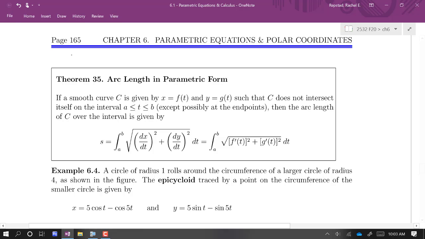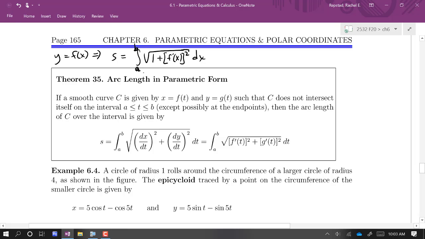And there, if our curve was y equals f of x, a rectangular equation, then our arc length was, we integrated the function square root of 1 plus f prime squared with respect to x. And that was over the interval from a to b, and so those were our limits.